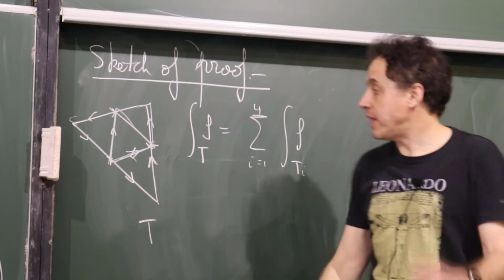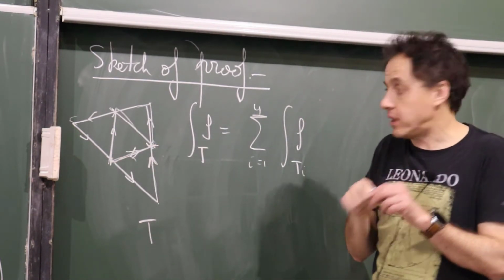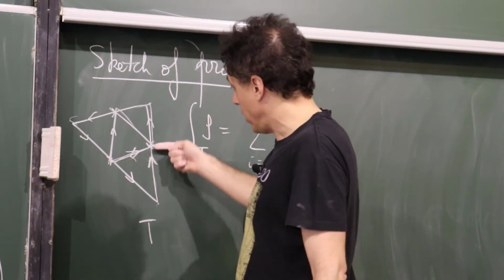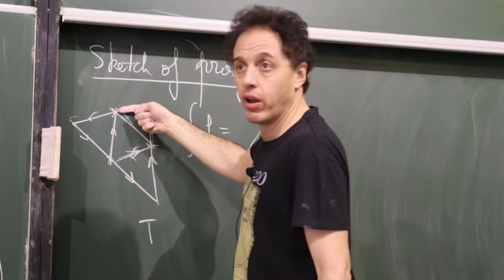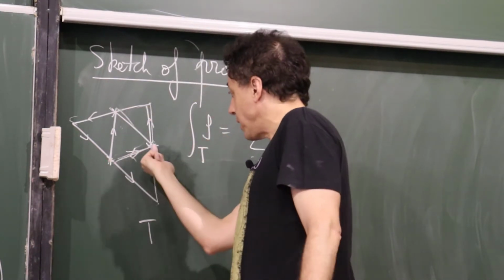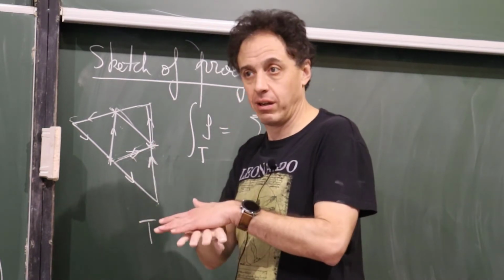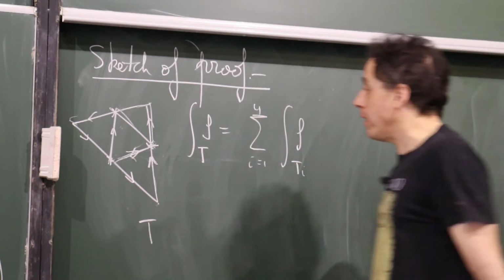Let us observe that these interior sides have been followed twice. When I take this side in this triangle here, I take this side in this sense, but when I take this side in this triangle over there, I integrate along the same side, but in the opposite sense, so they cancel. So finally, the sum is exactly the sum before.